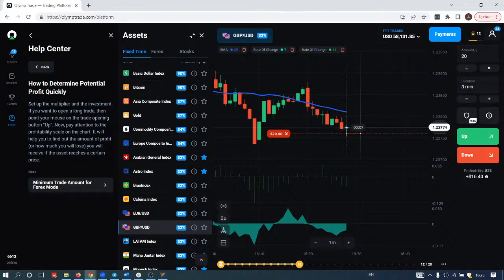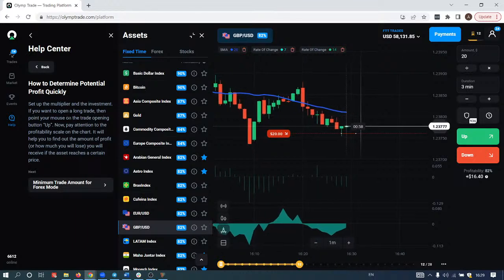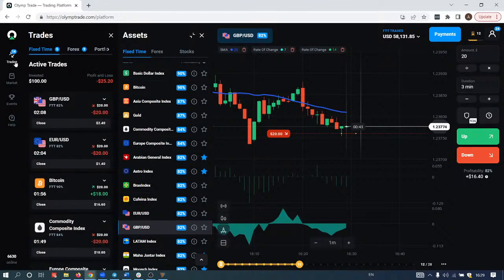To put it simply, multiplier is the money that you borrow from a broker that increases your amount invested by 200 times or 100 times or 500 times. So basically you borrow this money from the broker, and they help you increase your potential profit, but at the same time, of course, it increases your potential risks, right?